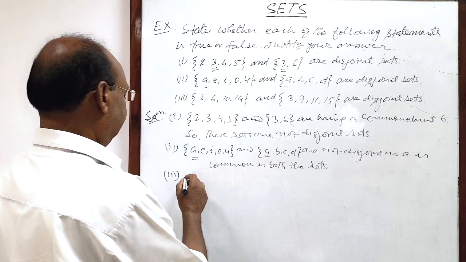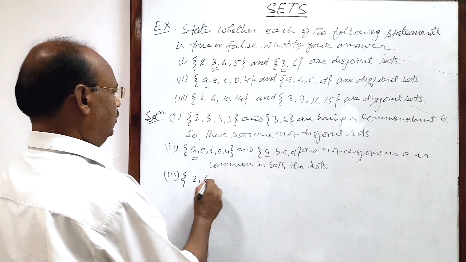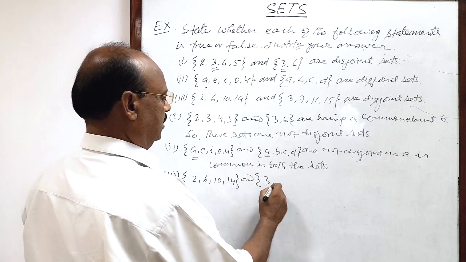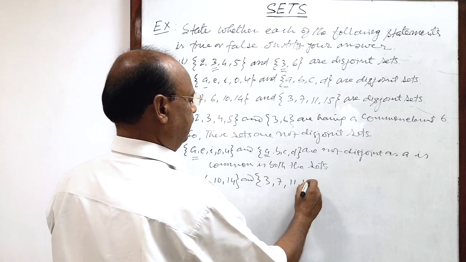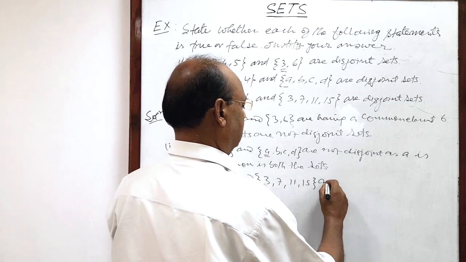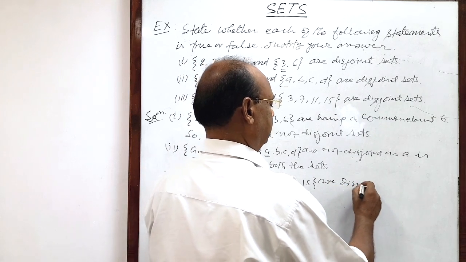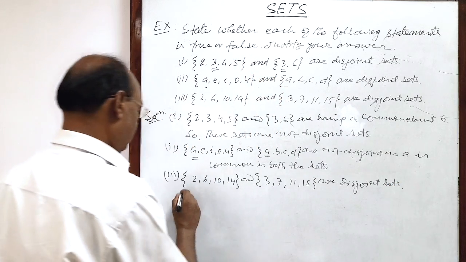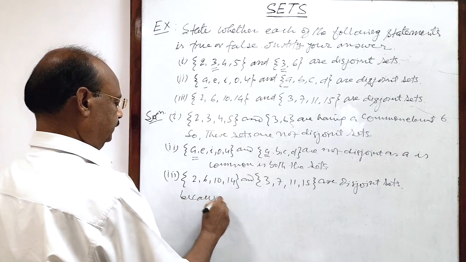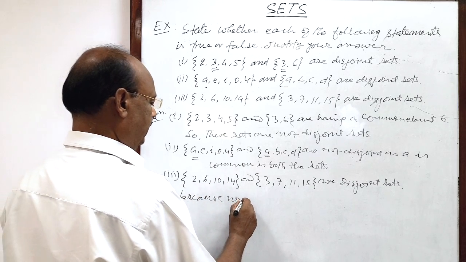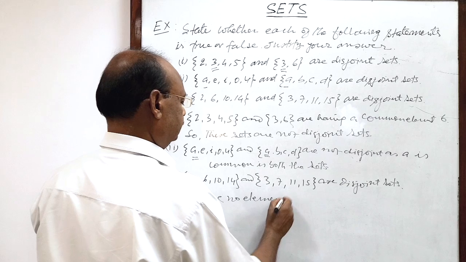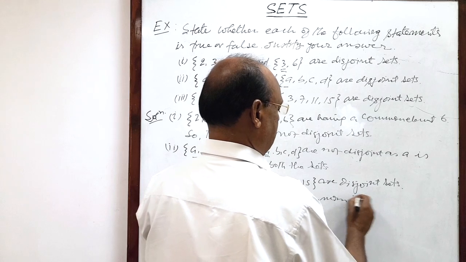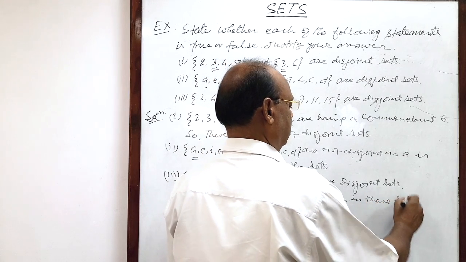Okay, so here we can write that 2, 6, 10, 14 and 3, 7, 11, 15 are disjoint sets because no element is common in these sets.